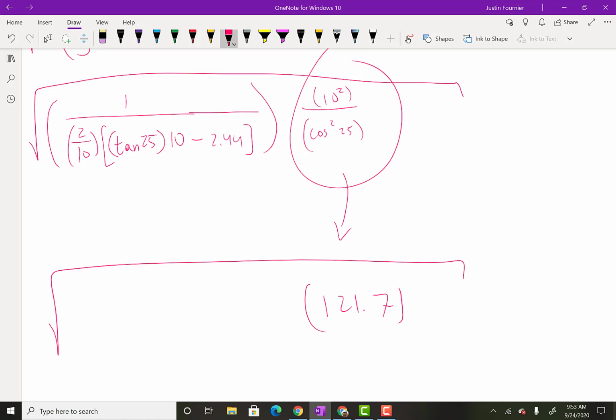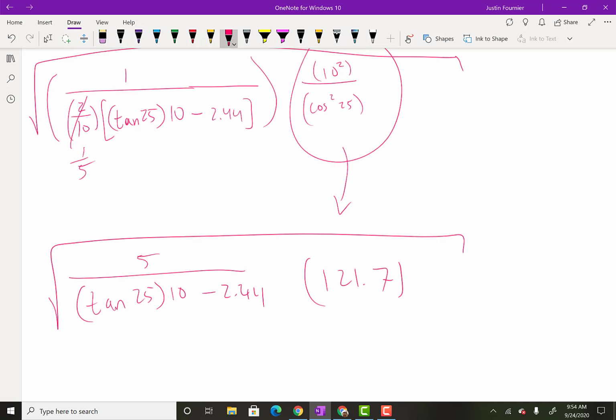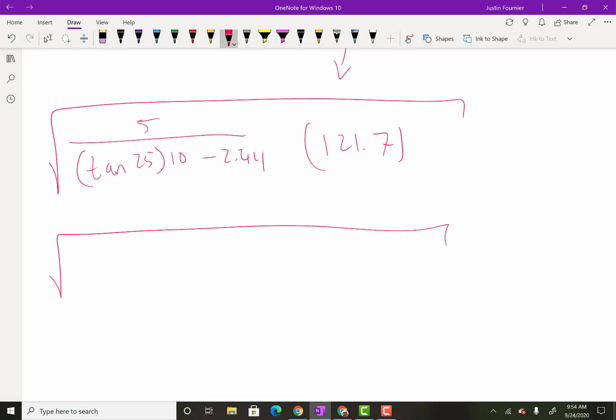And then multiplied, let's see if we can do all this nonsense. 2 over 10 is just 1 over 5. So I could throw a 5 up here, make that a little bit easier on me. I've got tan of 25 times 10 minus 2.44, and then 5 divided by all that nonsense is 2, so this is now reduced to 2.249.